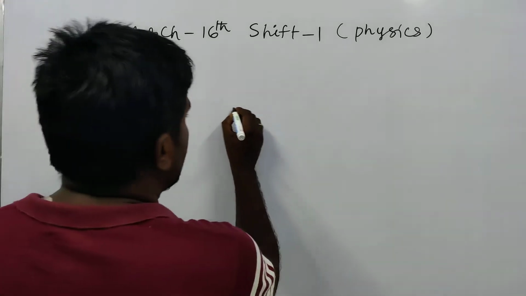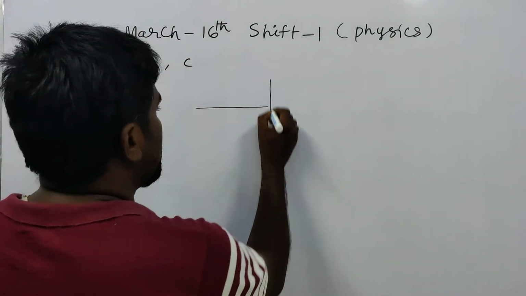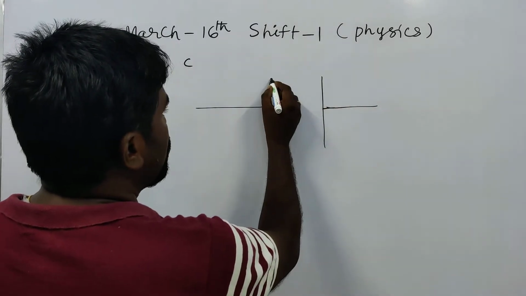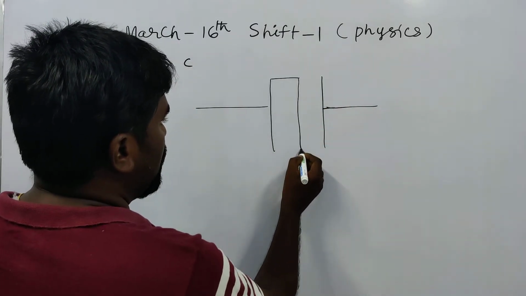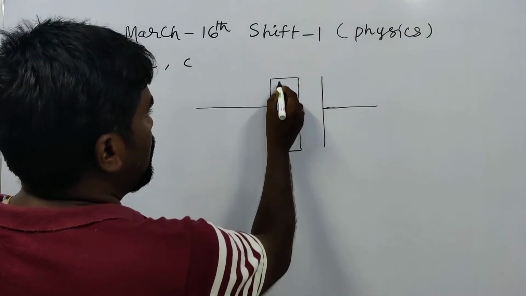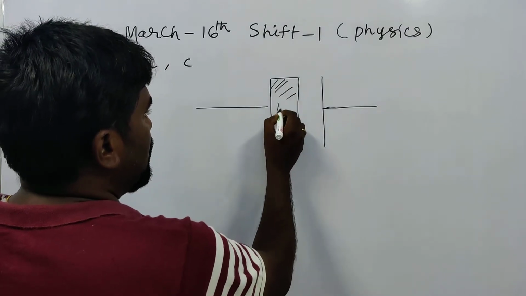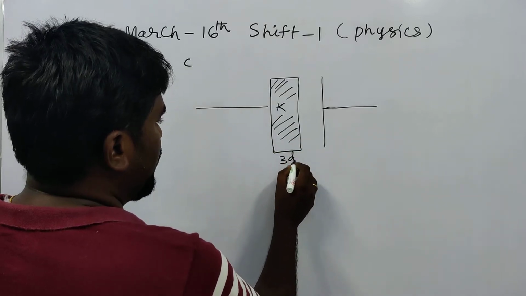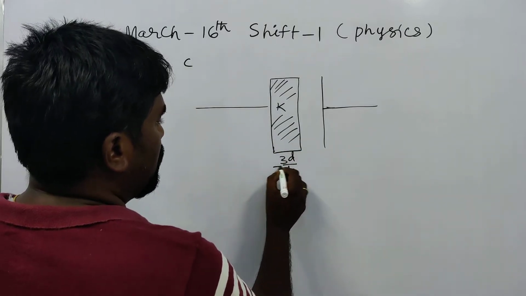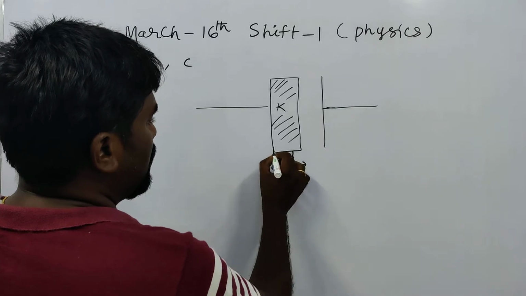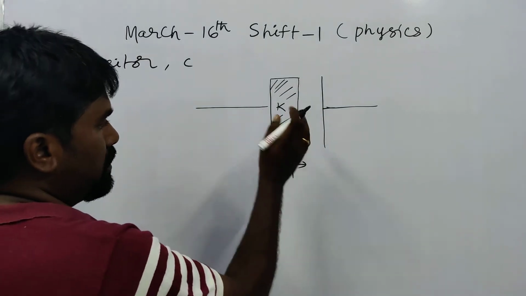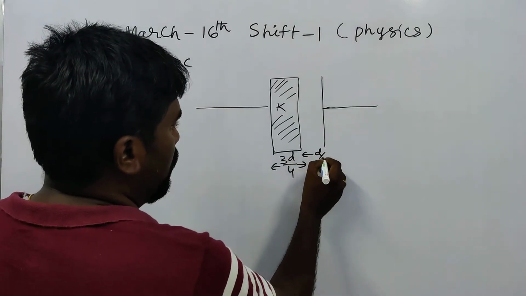In the figure, this is a capacitor, and there is a dielectric of constant K with thickness 3D by 4, and the remaining is D by 4.